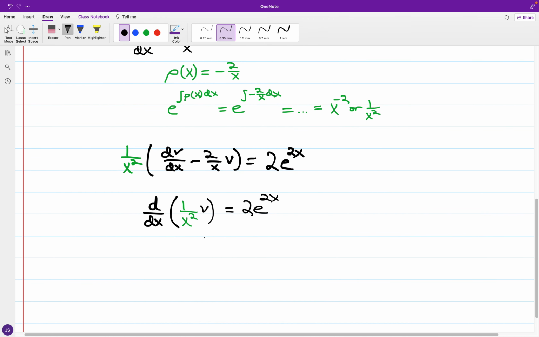Taking the integral with respect to x on both sides, we have v over x squared is equal to the integral of 2 times e to the 2x dx.